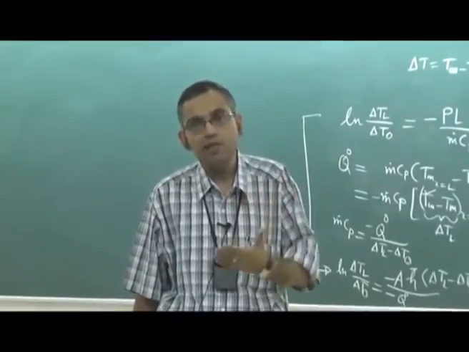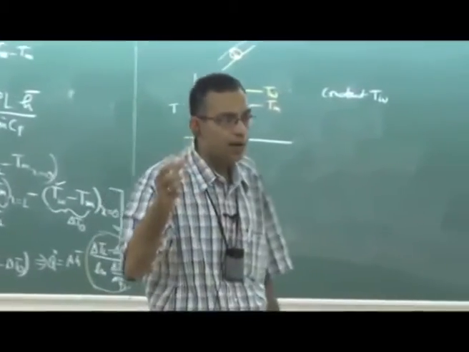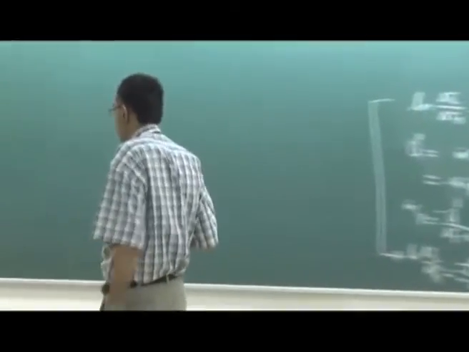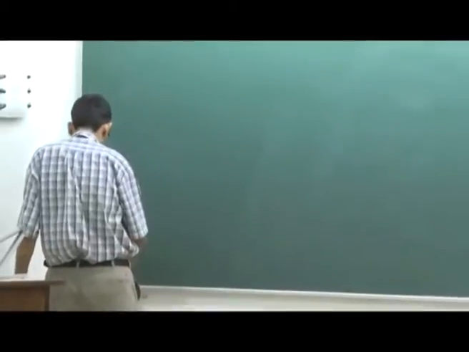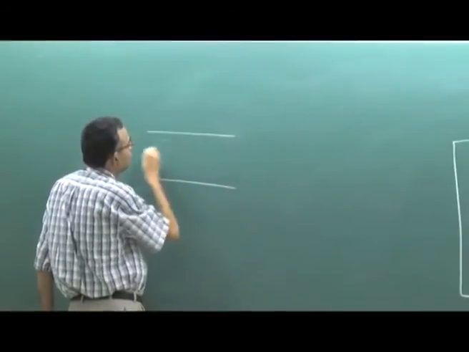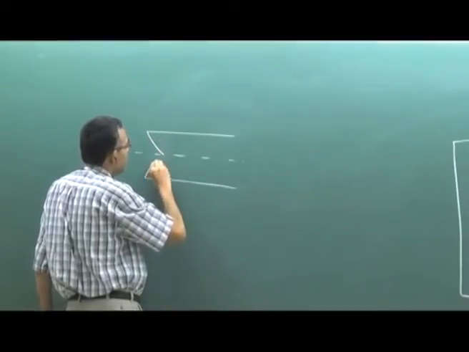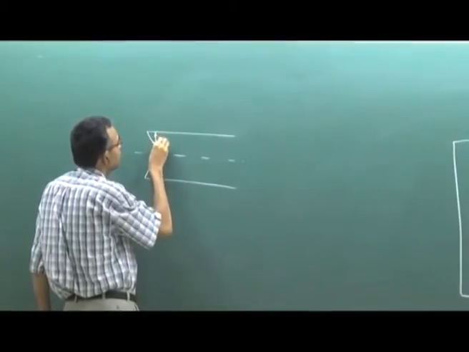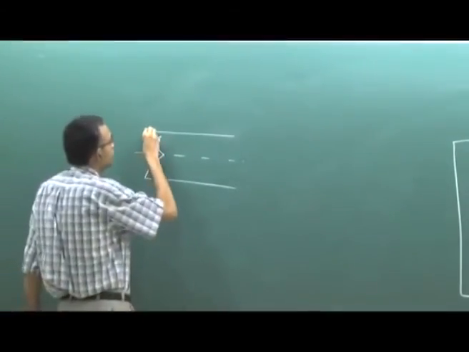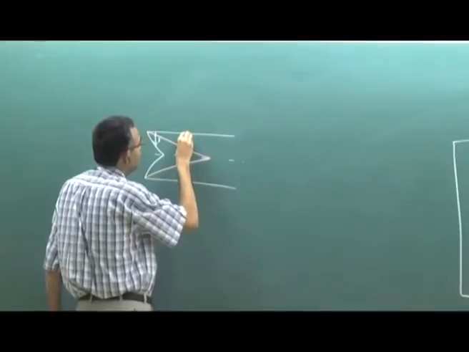There may be situations when the flow is hydrodynamically fully developed, but not thermally fully developed. Let me give you an example. So this is the hydrodynamic boundary layer, and this is the thermal boundary layer.